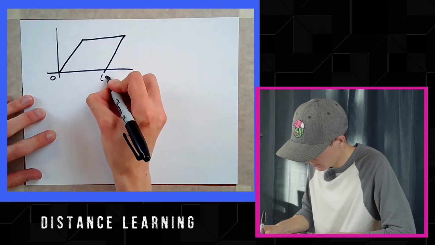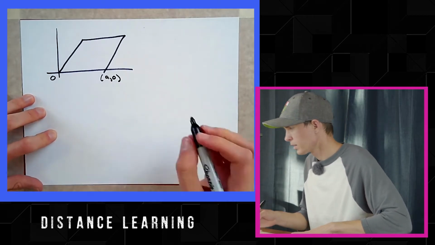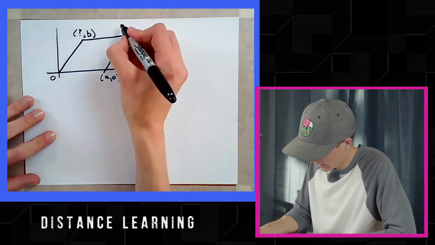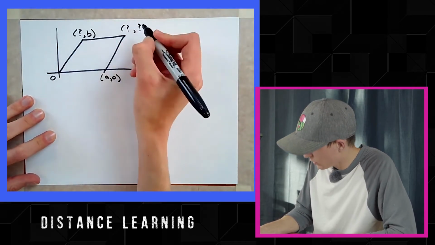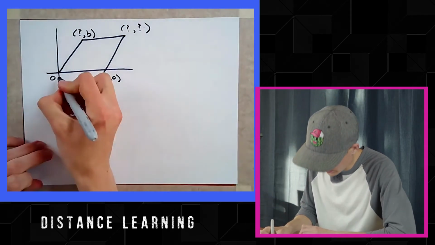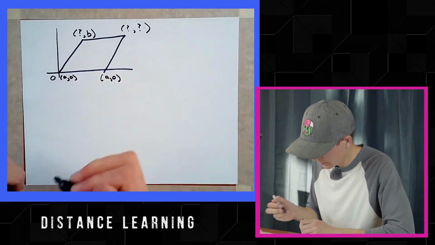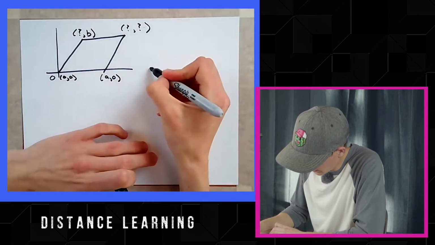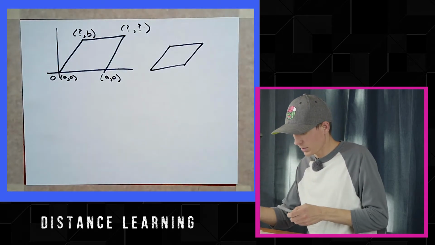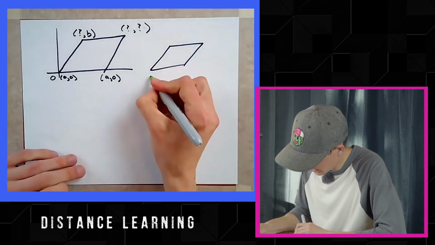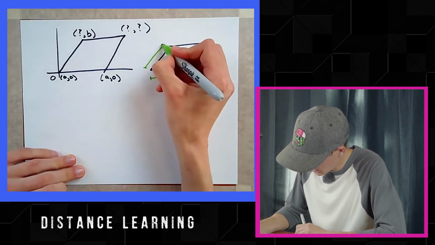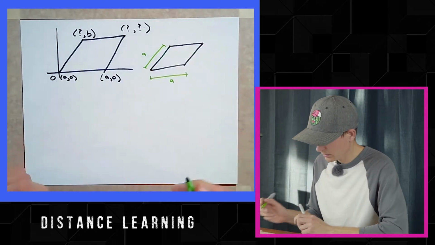What is that? A, comma, 0. This is question mark, comma, B. And this is question mark, question mark. Obviously that's 0, 0. Alright, so, find those things. It's just not nice because there's no numbers. But, this is A long, 0 to A. That means this has to be A long, right?